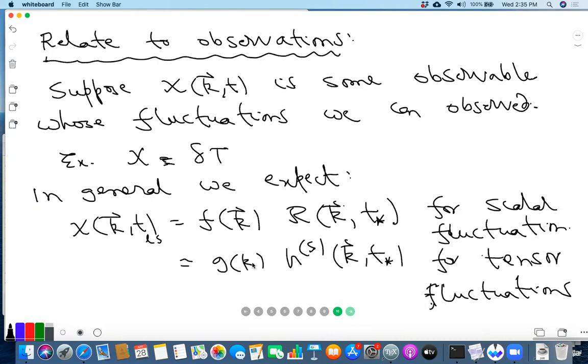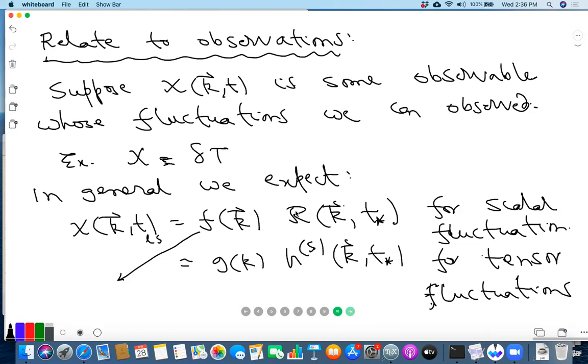So what are these fk and gk? So fk is some function of k. Typically, if the perturbation is super horizon, then fk should be simple to calculate, because the fluctuations of r, of all the scalar variables at the time of last scattering, have a simple relation with r at t star, and so we expect fk to be simple.